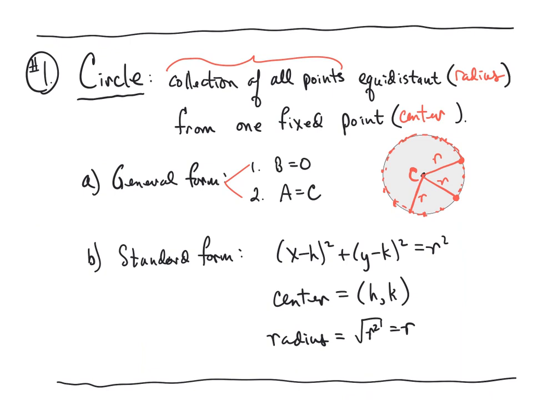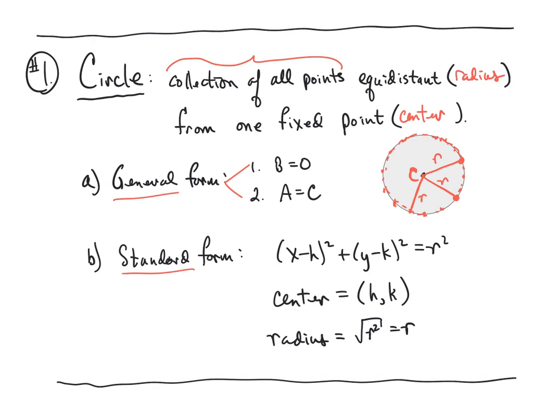So those are the two conditions that have to be true about the general form for the equation to represent a circle. And of course, for all of the other shapes, for parabolas, ellipses, hyperbolas, we'll have different sets of conditions. Okay? And then for each of our forms, we're also going to give you what's called standard form. And this is going to be kind of our working form that allows us to get information about a circle or a parabola or whatever shape we might be talking about.